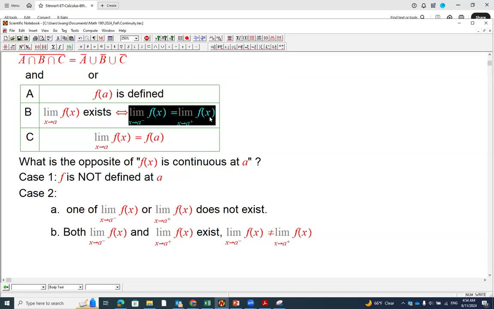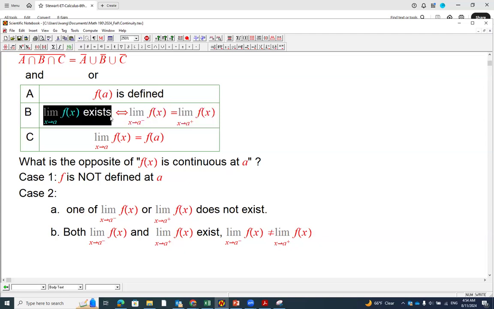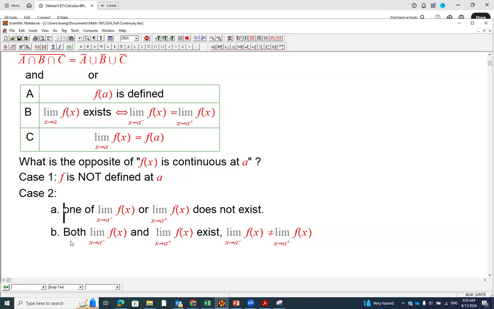They both exist but not equal, then this limit does not exist. And what other case could there be? Well, infinite limits are also considered as not existing. So actually there are three other cases within this.